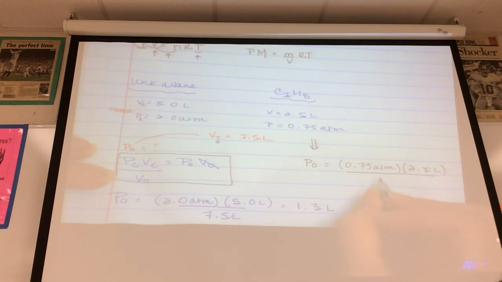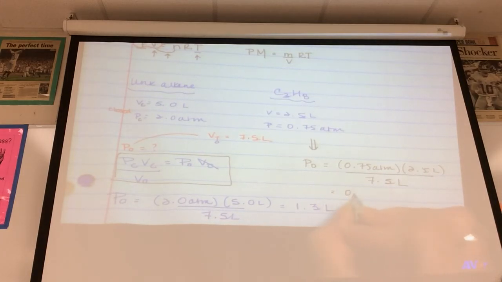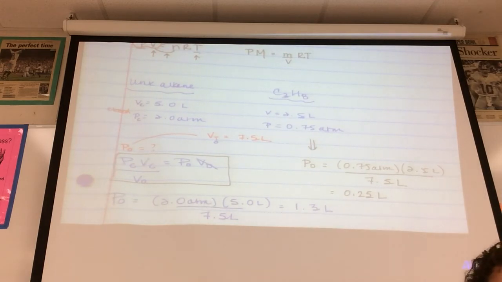Volume in the open position is 7.5 liters. And again, without a calculator, 0.75 over 7.5 is 0.1 times 2.5 is going to be 0.25. How will we get the total?